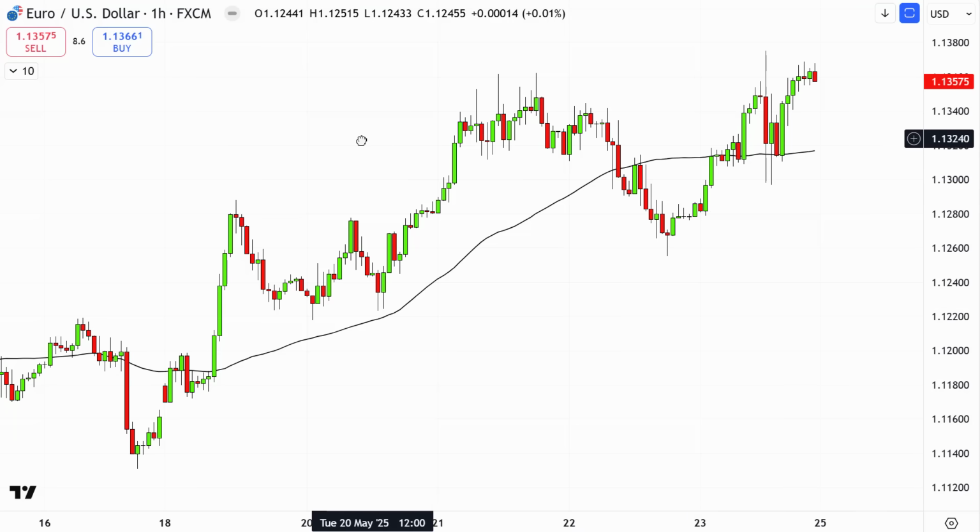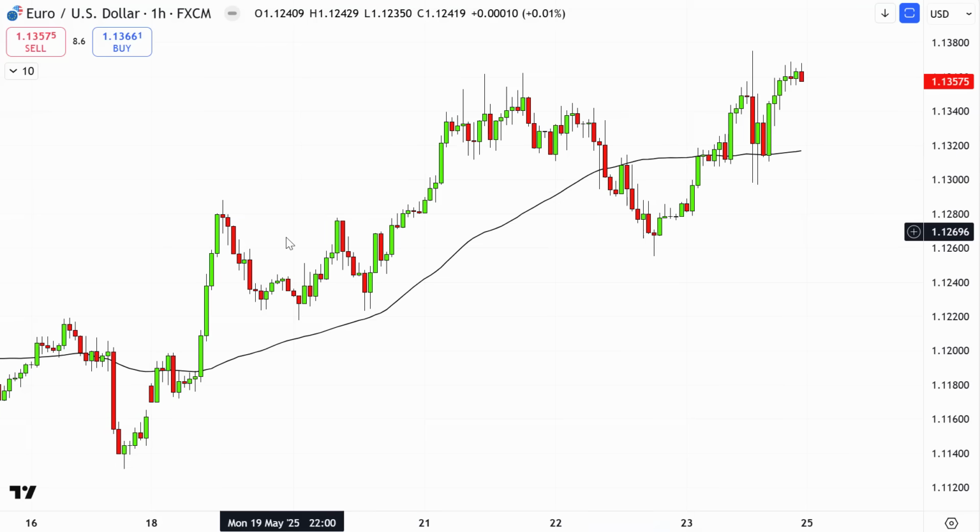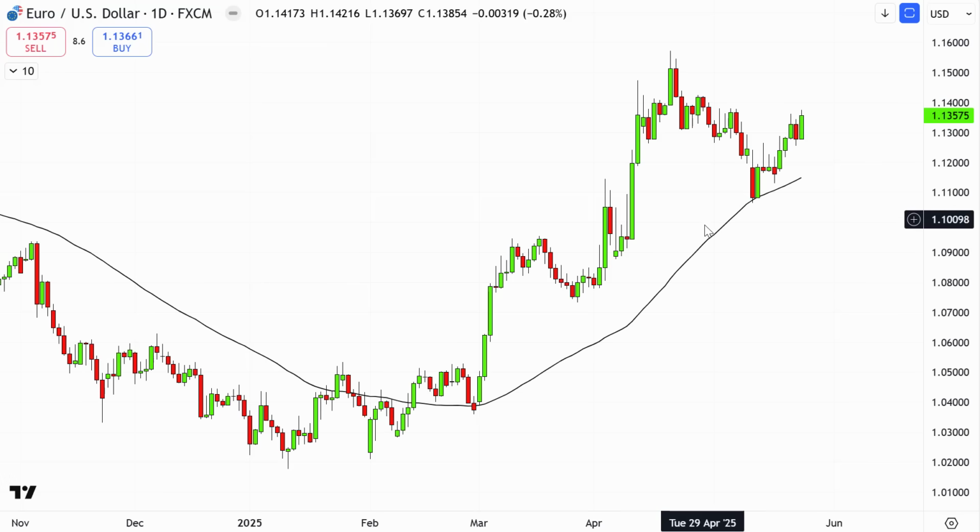But you very often do see it, whether using a 50 or a 20 or 21, that type of moving average, and price goes the other side. If the angle is there, more often than not, price will retrace back to said moving average.